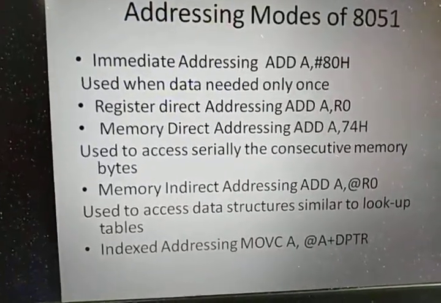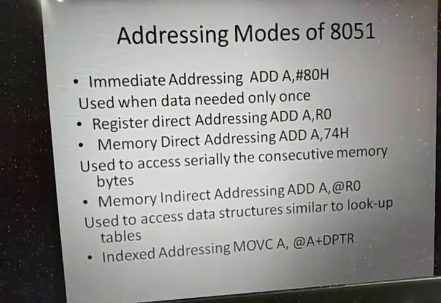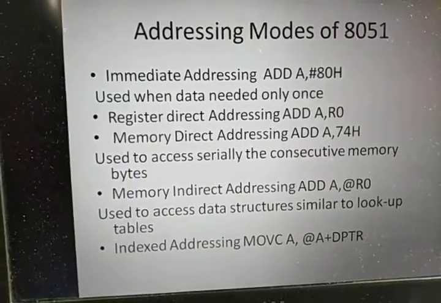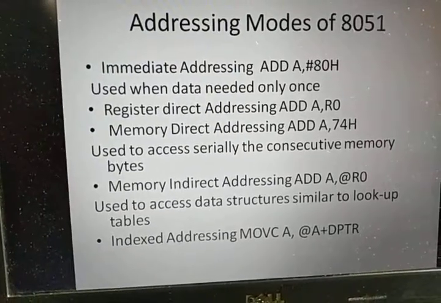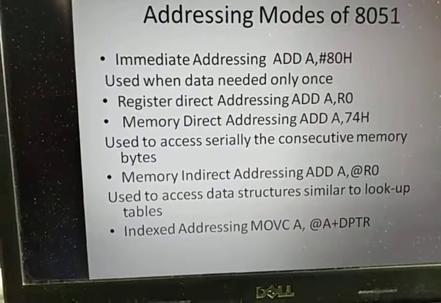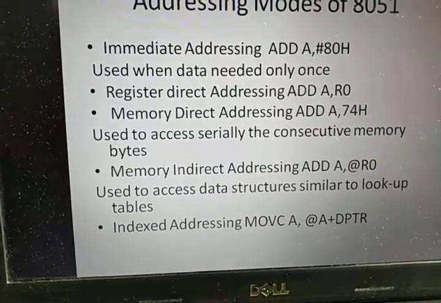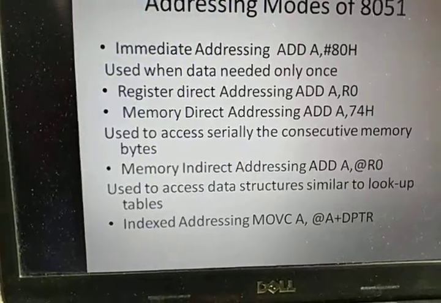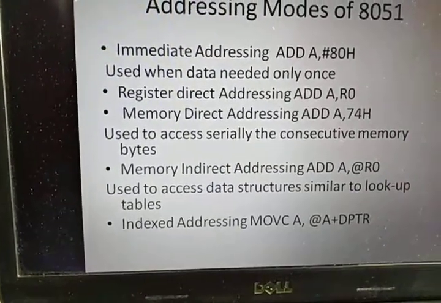Next one is memory indirect addressing. The indirect addressing is given by the @ symbol. In this case, a register contains the address of the memory location, and that register is given in the instruction. The @ symbol before the register indicates that the register contains not the value but the address of the value.